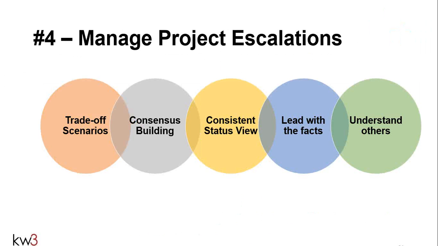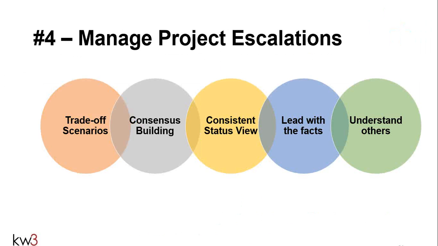So a key part of managing executive status is creating trade-off scenarios when required: you articulate the issue and the options, the impact of each on budget, time, and resources, and then make a recommendation based on two or three trade-off scenarios that you put in front of the executive team, and you let them decide.